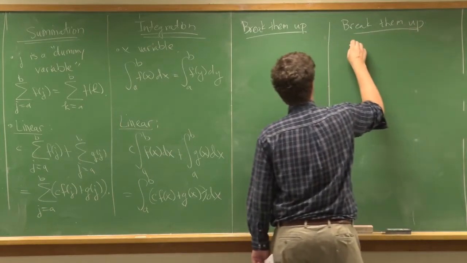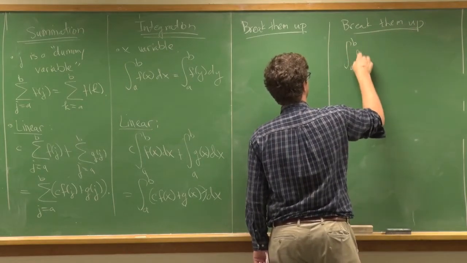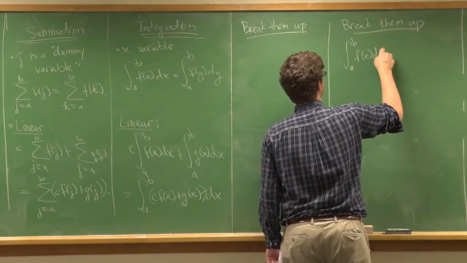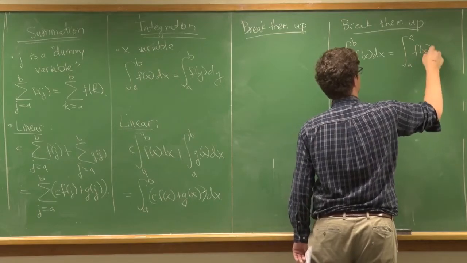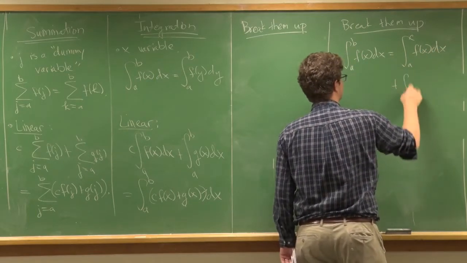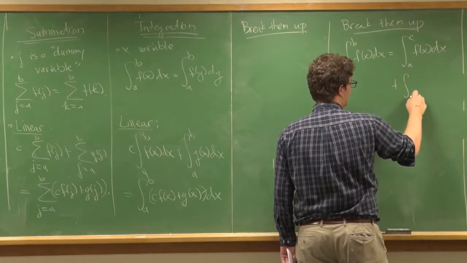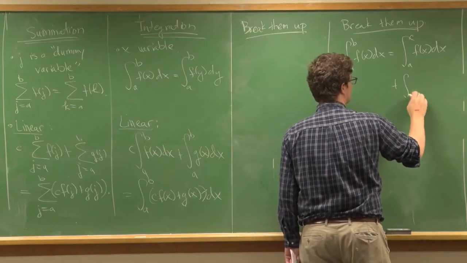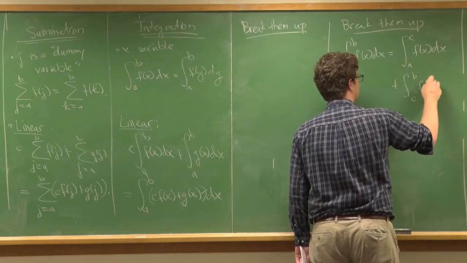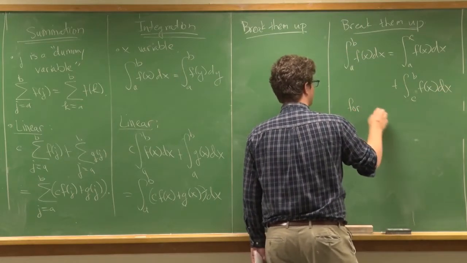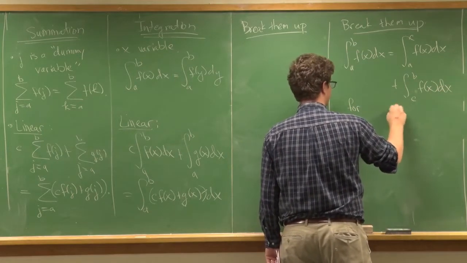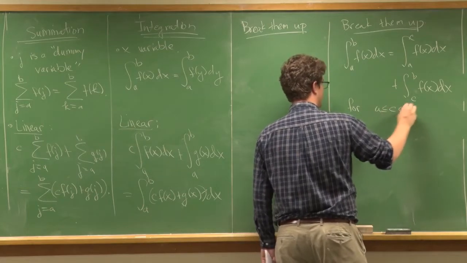So here, the integral from a to b of f of x dx is the same thing as the integral from a to c of f of x dx plus the integral from c to b of f of x dx. So this is for c in between here, a and b.